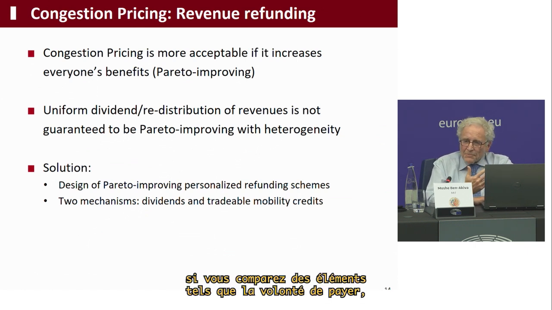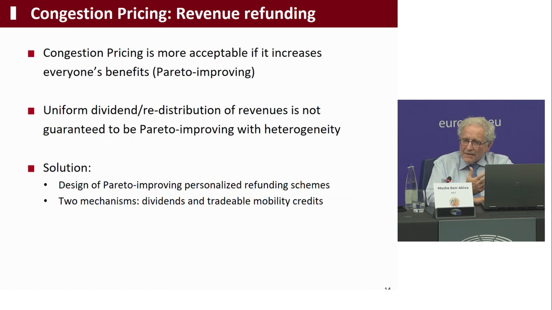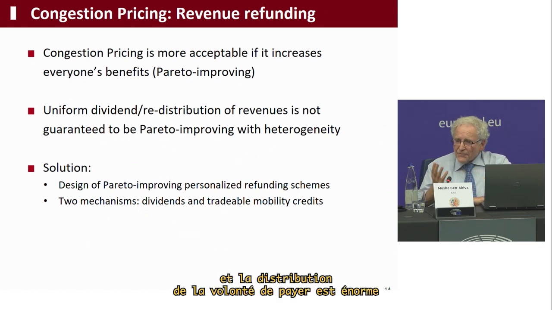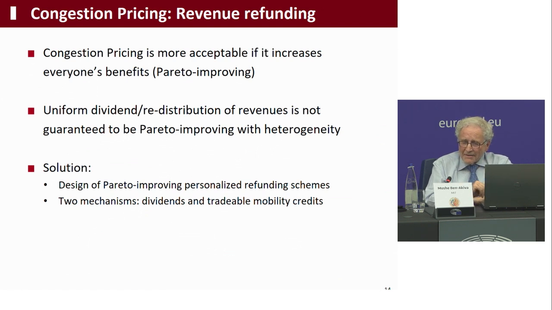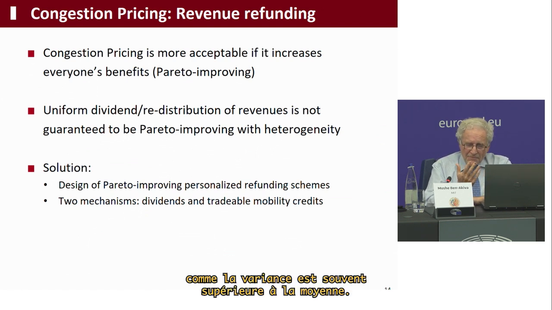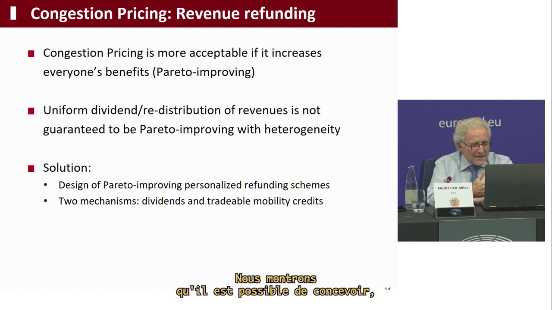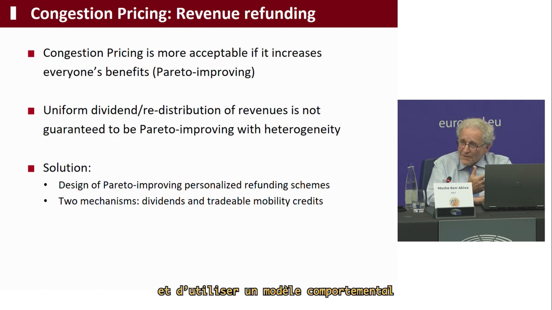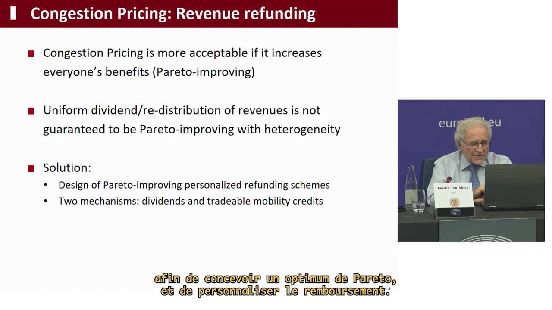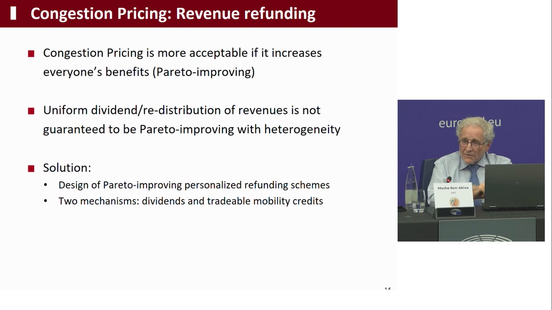If you are comparing things like willingness to pay, the distribution of willingness to pay is huge, and the variance is often greater than the mean. I mean, the standard deviation. So that's what we've done here. We show that it's possible to use a behavioral model to design a Pareto improving personalized refunding. So the price is the same for everyone.